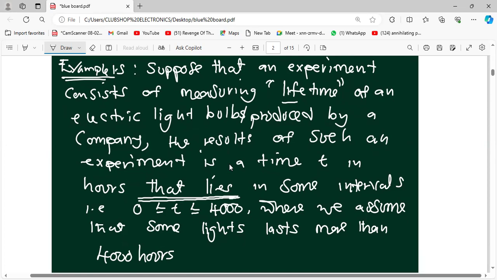So as we produce, we may find that we get a bulb with a lifespan of 0 to 4,000 hours, but some may even be more than that.